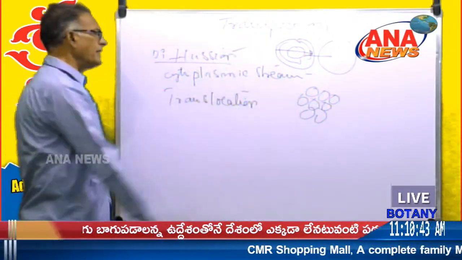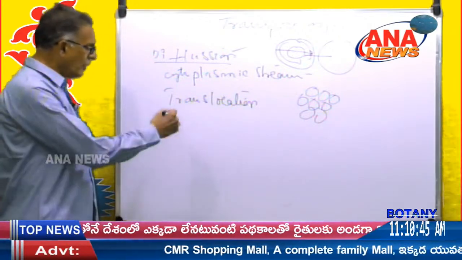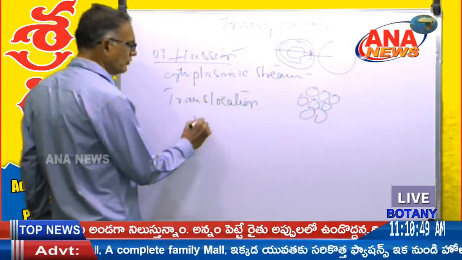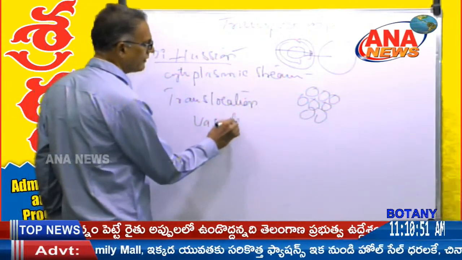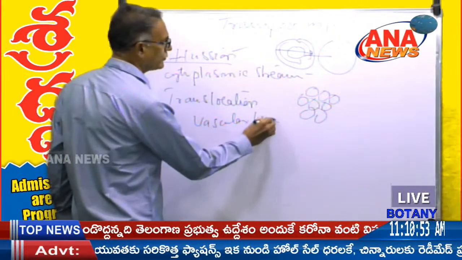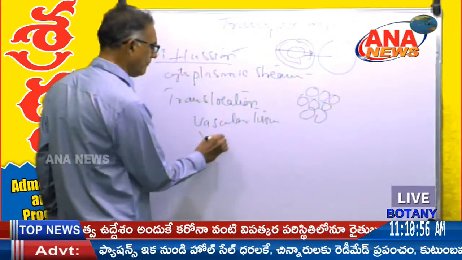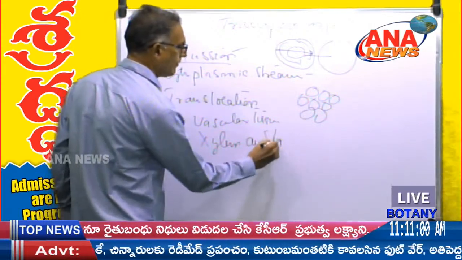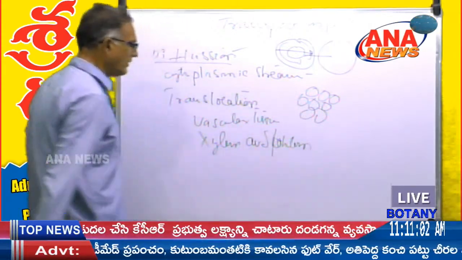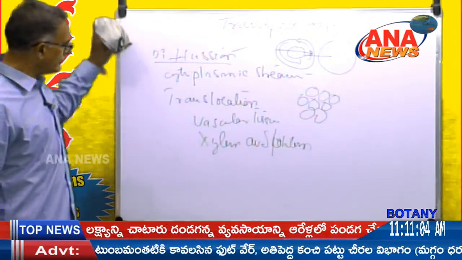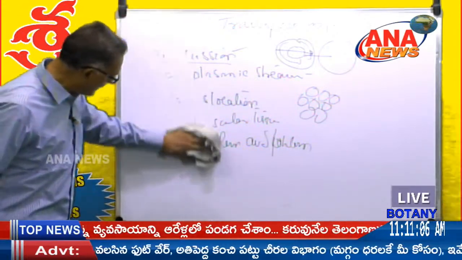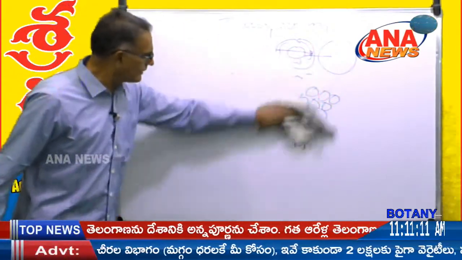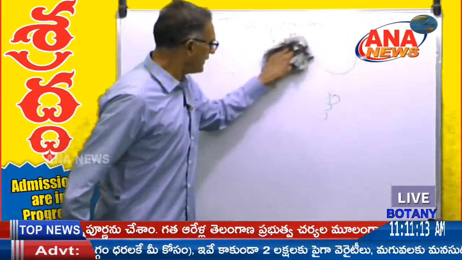Whereas long distance transport takes place through the vascular tissues, that is xylem and phloem. That is translocation, which takes place in tall plants. So this is the introductory part.